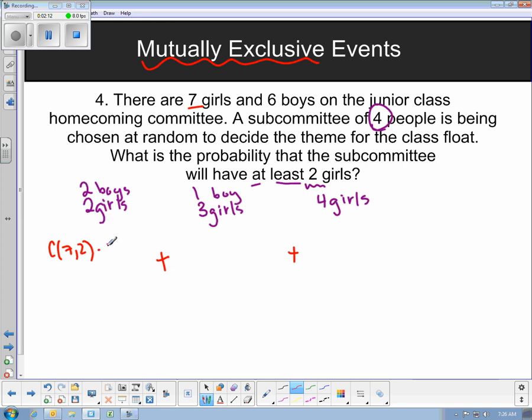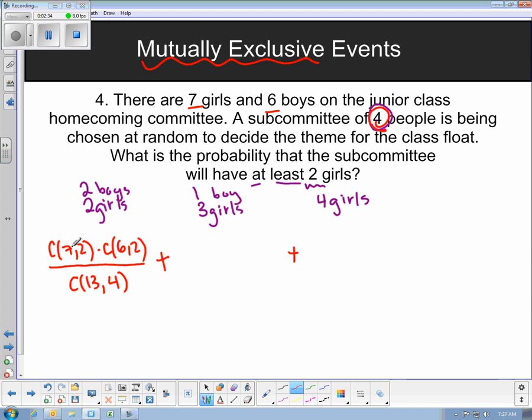So I'd have C of 6, choose 2, because there's 6 boys. And then I have to factor in the total. There's a total of 13 people, so C 13, choose 4, because I'm choosing 4 of them.